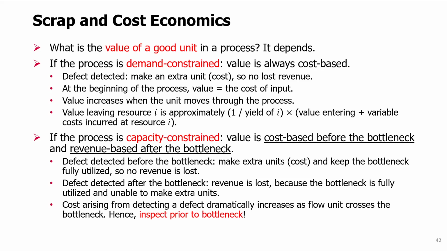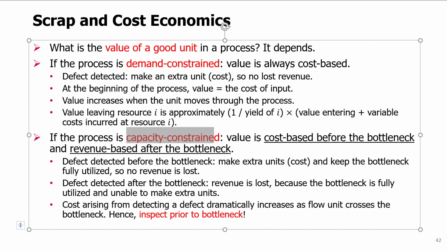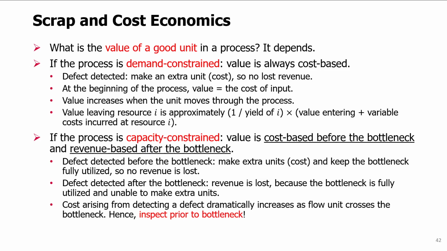A different calculation is performed when the process is capacity constrained. When you have a capacity constrained process, the value of a good unit will be cost-based before you reach the bottleneck, but after you cross the bottleneck, the value will be revenue-based. And why is this?